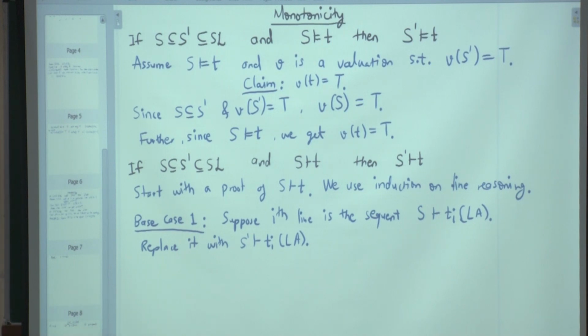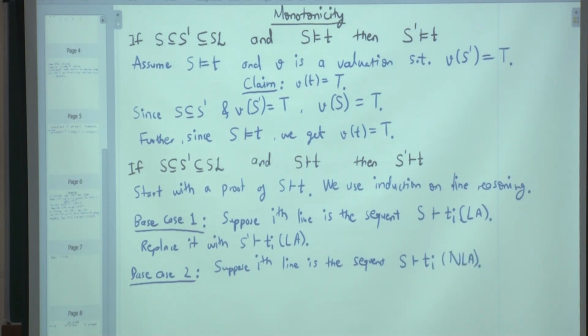What about base case 2? Suppose the ith line is the sequent S proves Ti, and it is NLA.